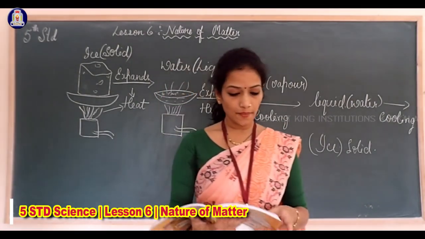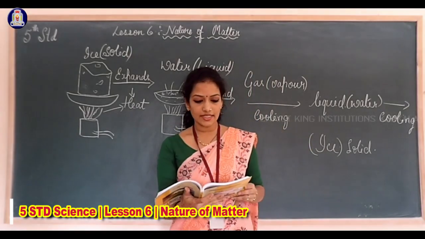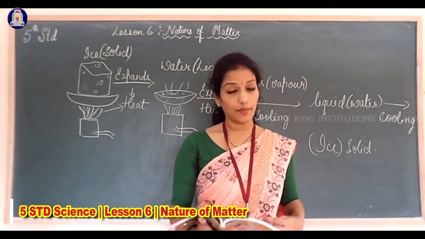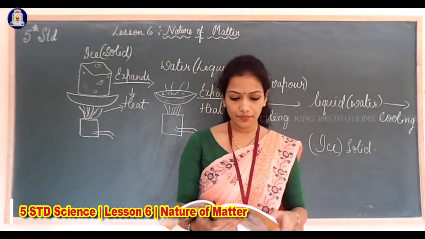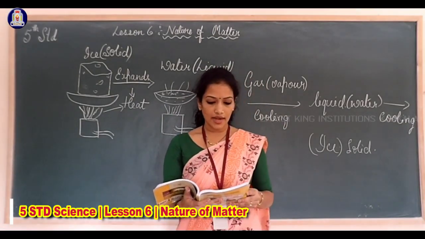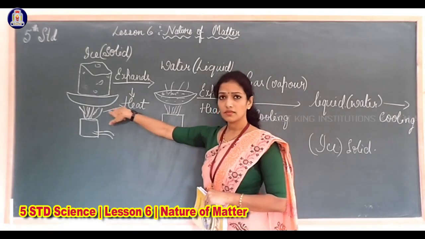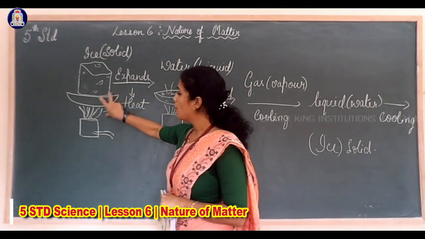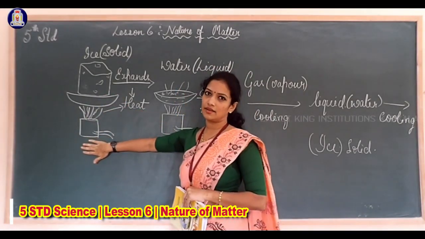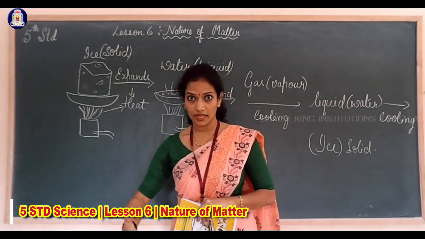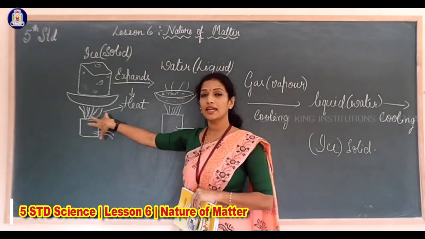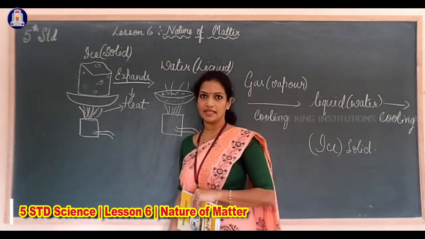So let's read. On heating, many solids change into liquid state. Many solids but not all. The effect of heating on a matter depends upon the level of hotness. Even here, take the example of ice again. When you give a mild heat, the process takes place slowly. But if you give a high heat, the ice will melt within seconds, isn't it?